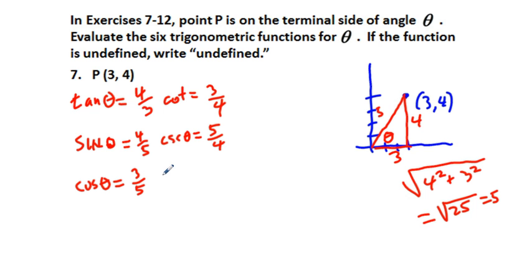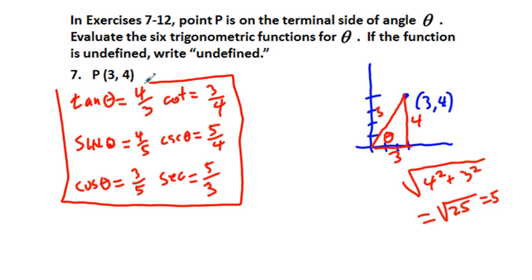So our secant is going to be equal to 5/3. Anyway, these are the 6 trigonometric functions or ratios here for problem 7.